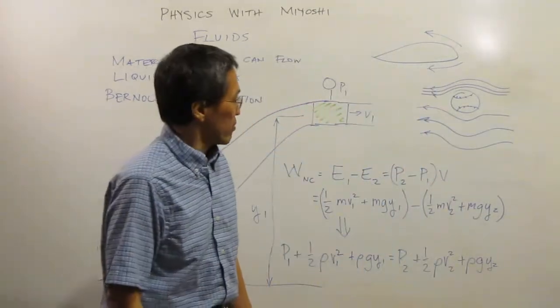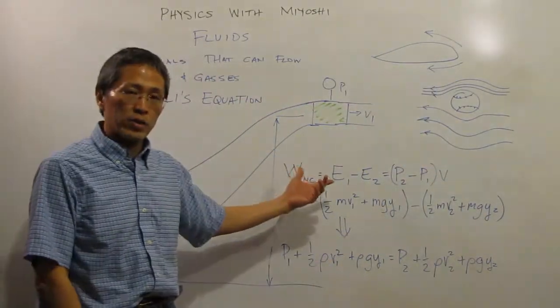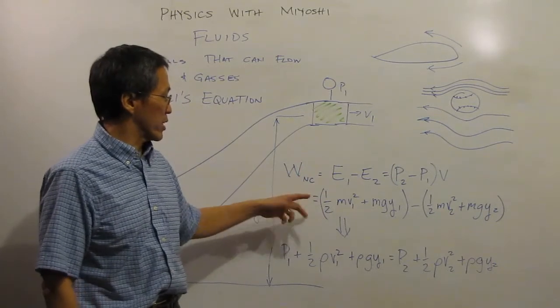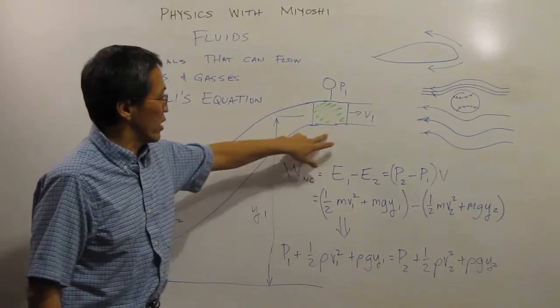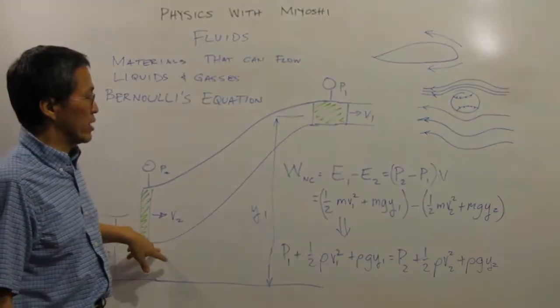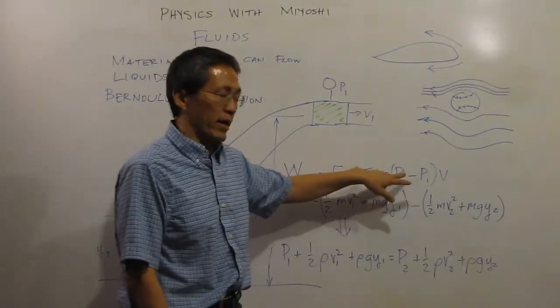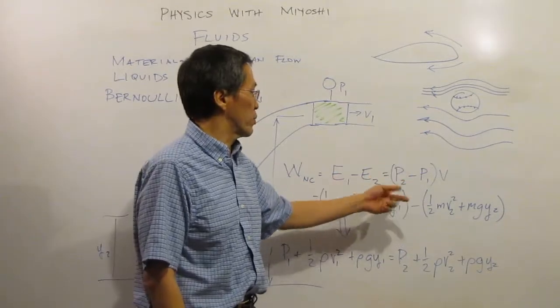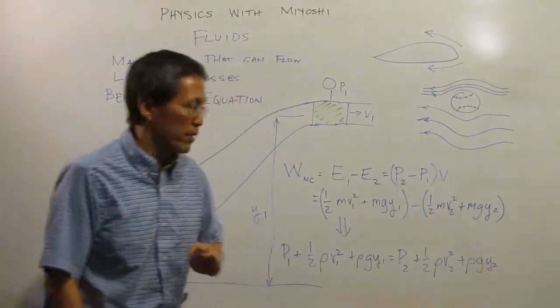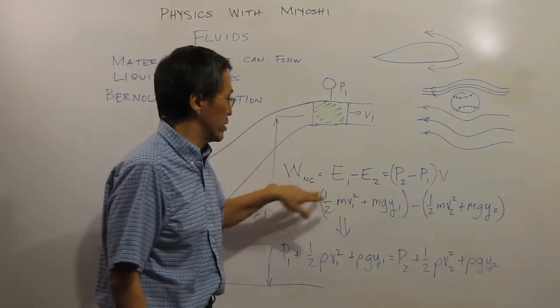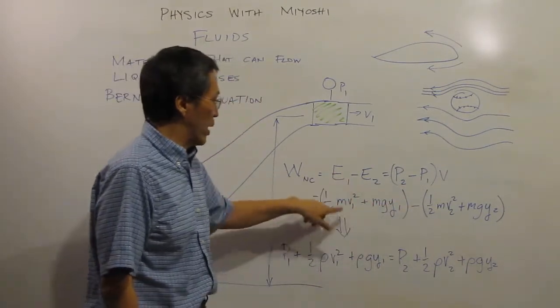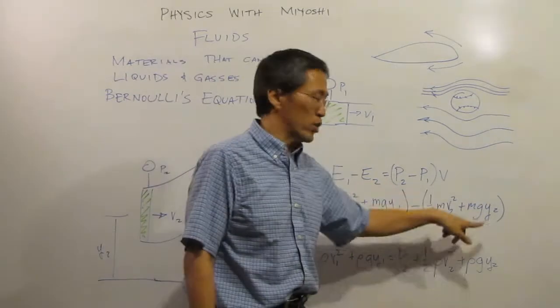So how do I do that? Well, if I go back to the work energy theorem, I can see that my non-conservative work has to be the energy at 1 minus the energy at 2, which is equal to my pressure at 2 minus the pressure at 1 times the volume. I know that has to equal my total energy at 1 minus my total energy at 2.